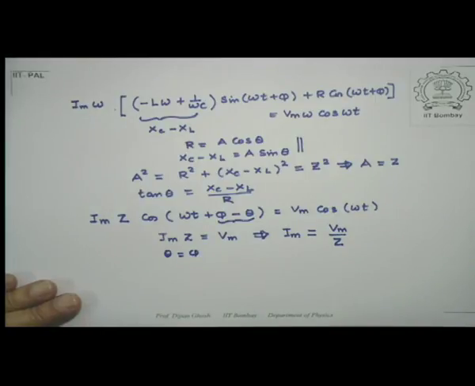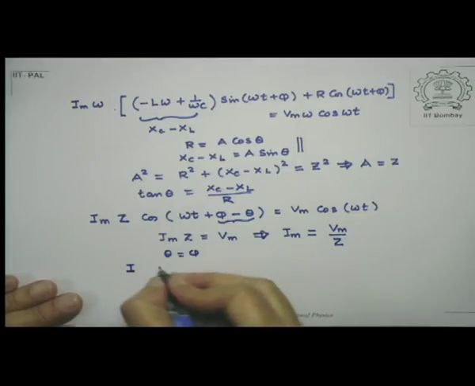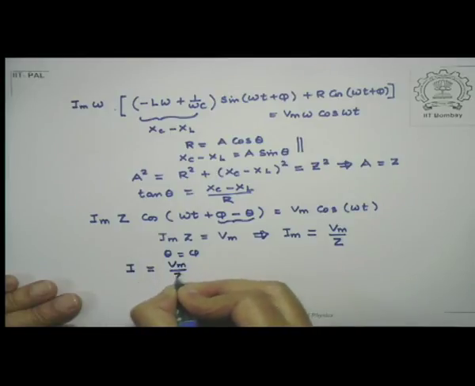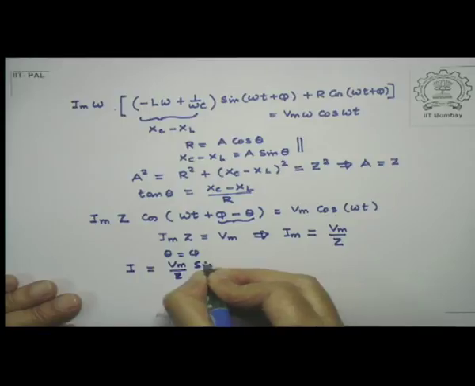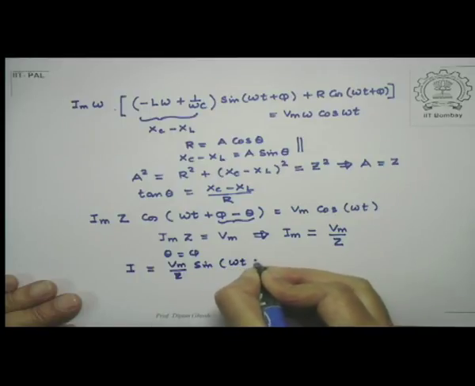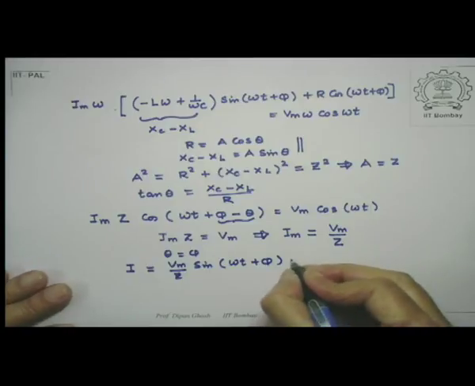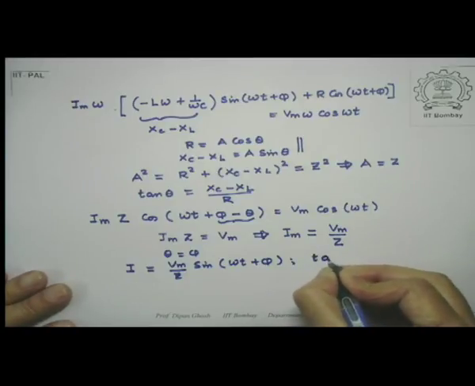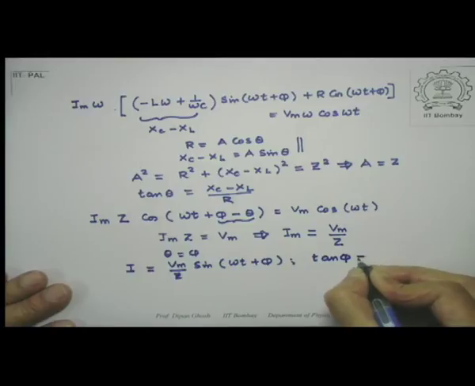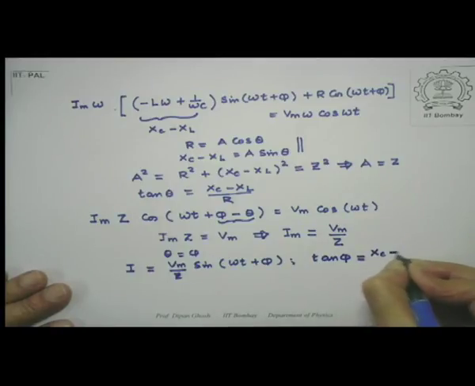So, my solution is given by I equal to Im, which is Vm over z, times cosine of omega t plus phi, with tangent of phi, which has now been shown to be equal to tangent of theta, equal to xc minus xl divided by r.